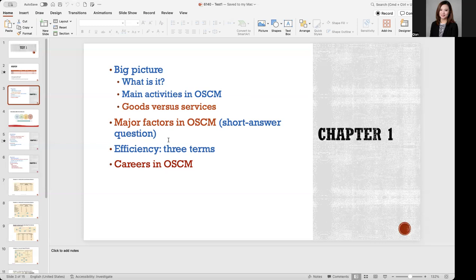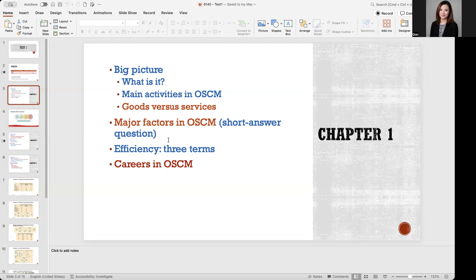Some of them we still regard as very important factors to consider, for example efficiency, lean operations, quality, e-commerce, and globalization. Okay, so this is the second part.